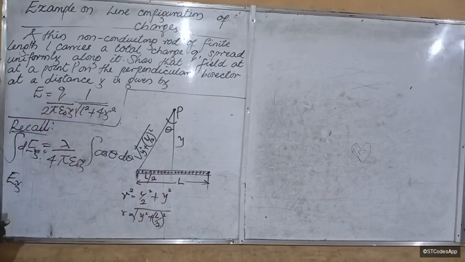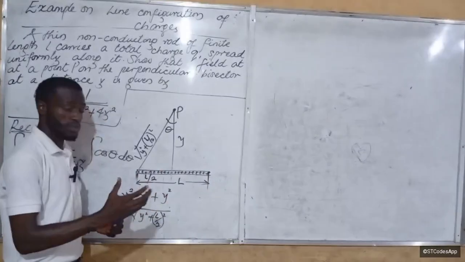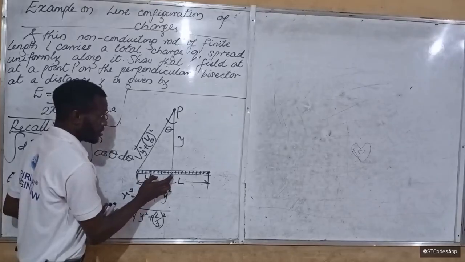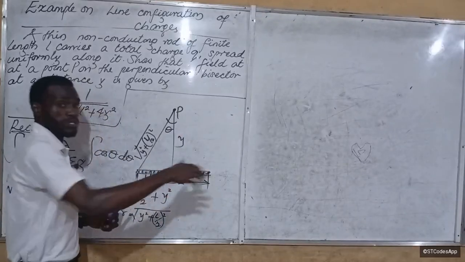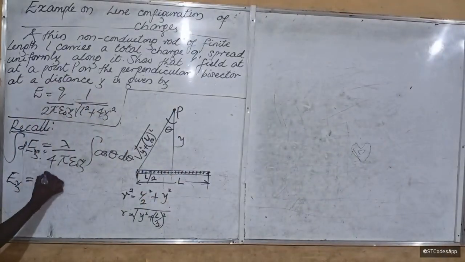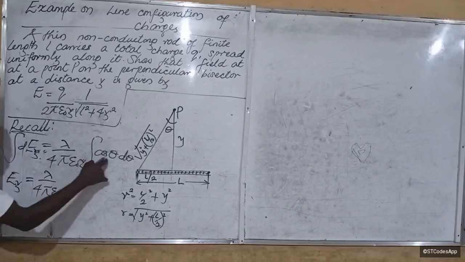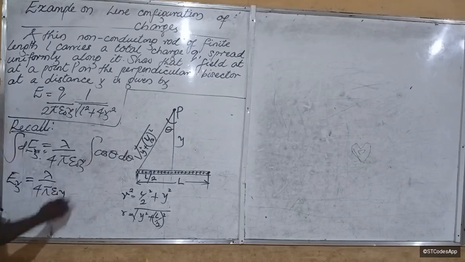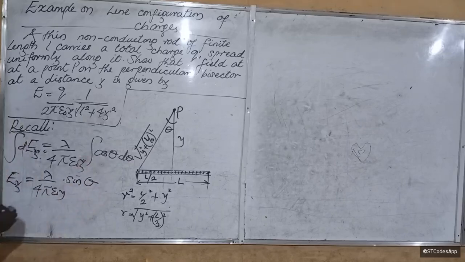Is that clear? Of course, here it will also be the same, because there is symmetry, because the point we are picking is at the center of the distributed charges. So this becomes lambda over 4 pi epsilon naught y. Integral of cos theta, let's take an indefinite integral, is going to be sine theta.